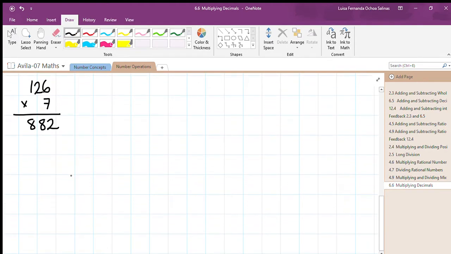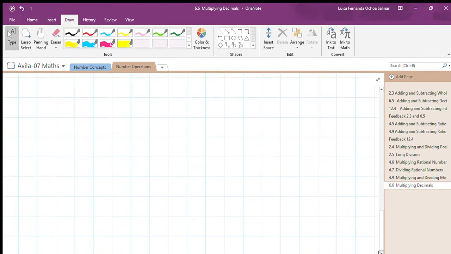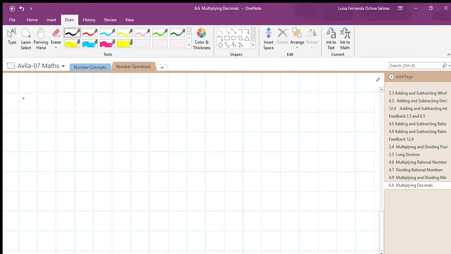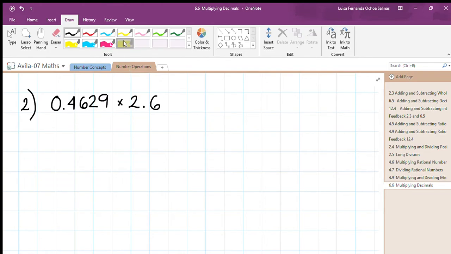Let's do another example. Example number 2. So let's do this one, 0.4629 times 2.6. So first thing that I'm going to do, okay, how many decimal places do I have in my problem? Here I have 4, and here I have 1, so in total I have 5. So I already know that my answer is going to have 5 decimal places.